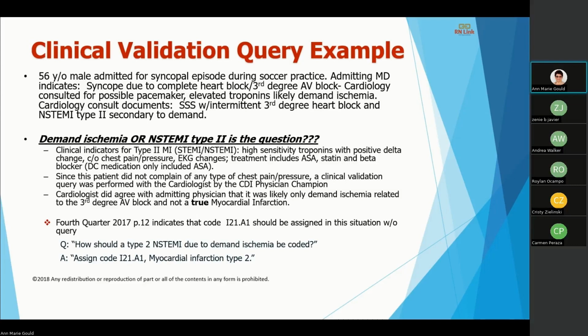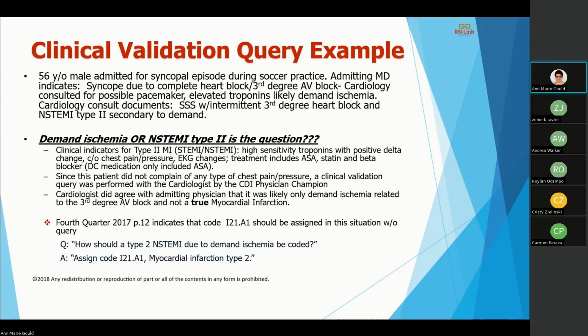So a clinical validation was performed with the cardiologist by the CDI physician champion. Since the cardiologist is writing type 2 MI, does he have the clinical indicators present? Not really. So our physician champion did speak with the cardiologist directly, because even the attending provider spoke with the cardiologist, and the cardiologist says, no, he had a type 2 MI.